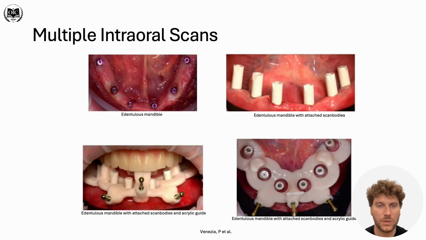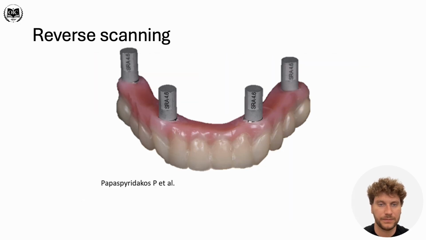Also, we can use stents, prefabricated or fabricated individually for the patient, that optically connect these scan bodies, and they can also be used as a reference for the bite registration as well. And we'll talk about this in a bit. But this is also an option for improving the overall accuracy of our intraoral scanner full arch implant case.